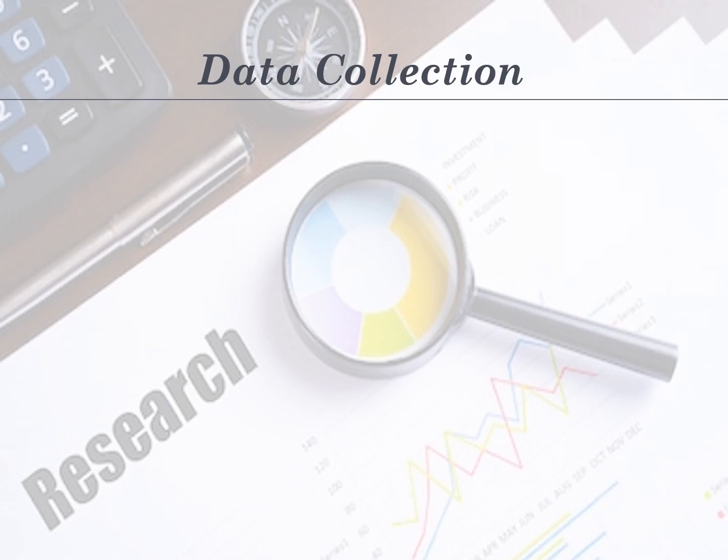Data collection. The next component of a research design is the statement of methods of obtaining the data. If the research were to involve collection of external data in the form of opinions or surveys, a proper sampling design has to be stated.